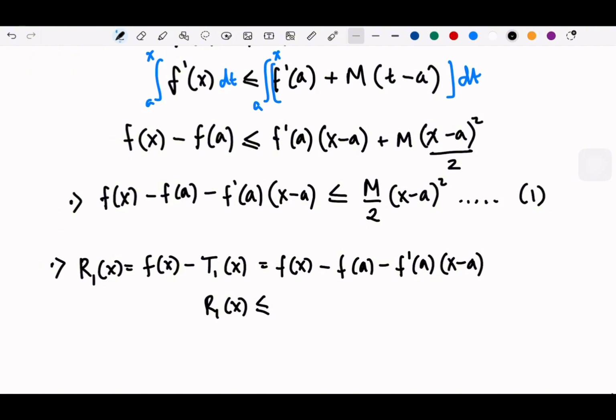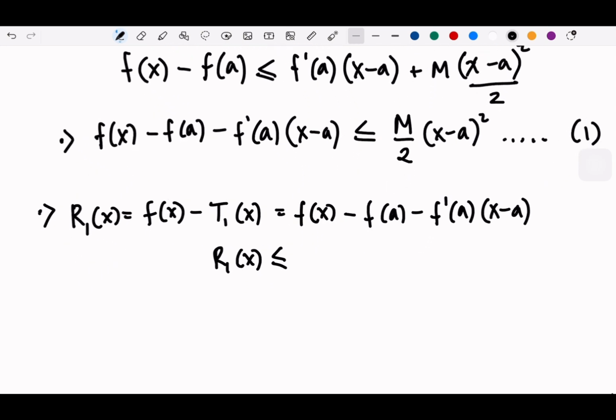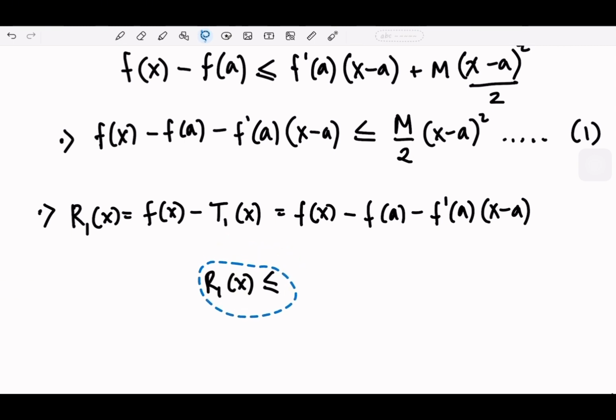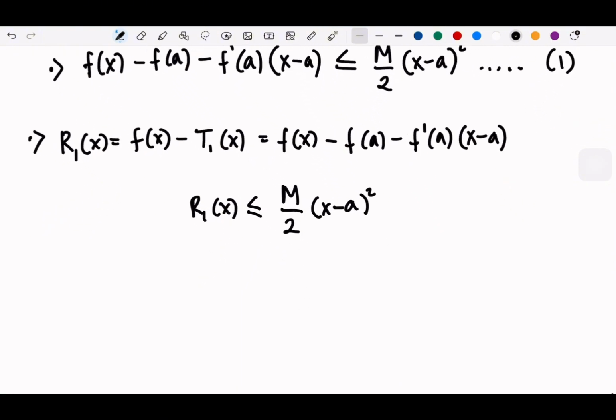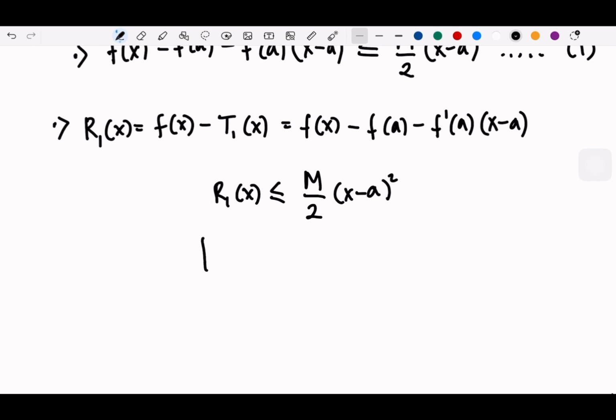That is the highest possible component that can be achieved through R1. So R1 should be less than or equal to M over 2 times (x - a) squared. Or if you want to write it in a more convenient way, we take the absolute value to get only the value itself.